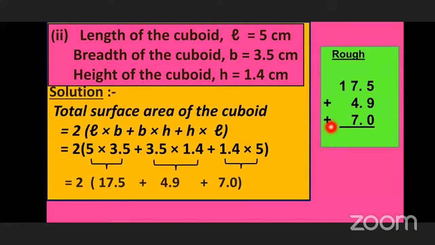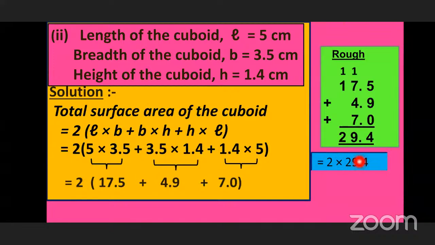4.9 plus 7.0. And 9 plus 5 is 14. 1 will be carried. Further addition we will perform. 29.4. Yes, the answer is 29.4. Okay. Now this is the sum of these 3 numbers. And now we have to do the multiplication with 2.